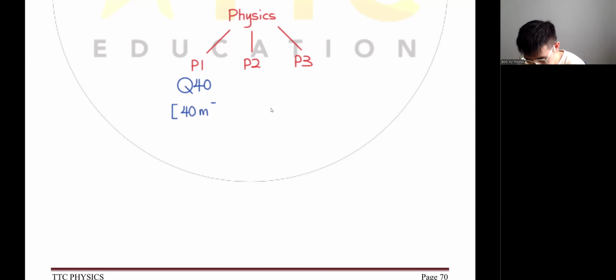Why? Because in order for that 1 mark to be exactly 1 mark, the whole paper has to be 100 marks. But the whole physics paper, paper 1, paper 2, paper 3 together, has more than 100 marks.